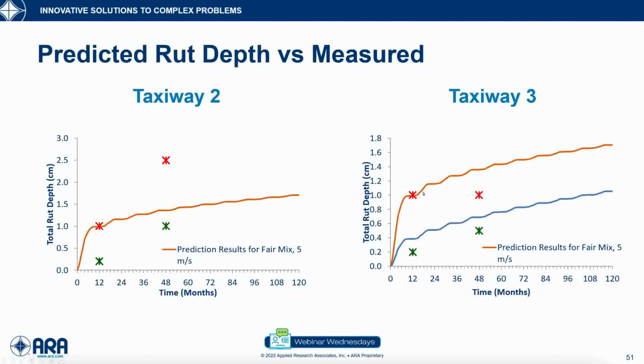Now, the rutting for the fair mix at year 1 matches the worst rutting measured, but at year 4, my predicted rutting is higher than the worst rutting that was measured. But in all, my predicted rutting from the actual mixes obtained from cores next to the measured rut are close and within the range of rutting in that airfield element.